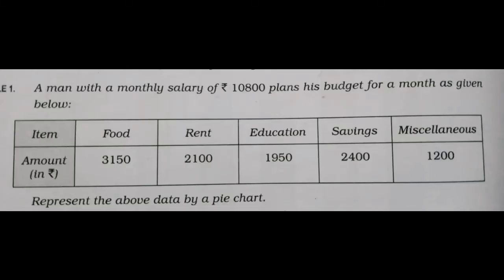A man with amount 3,150, rent 2,100, education 1,950, savings 2,400 and miscellaneous 1,200. So we have to represent this data by a pie chart.